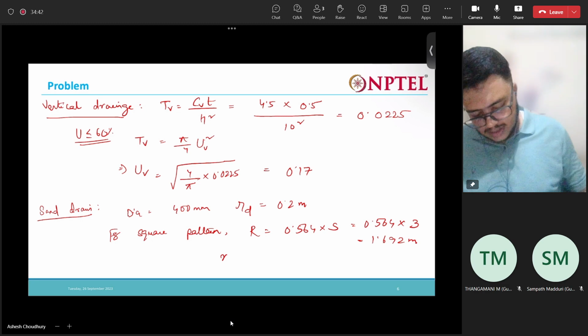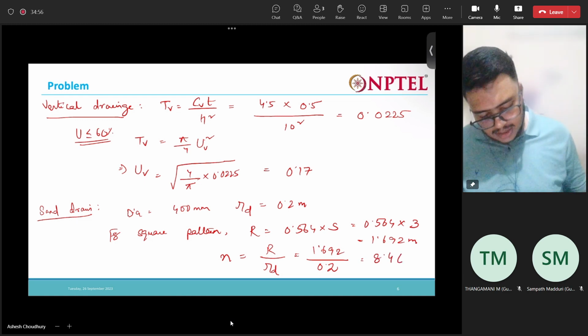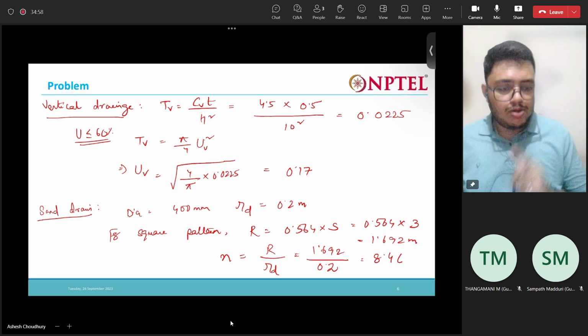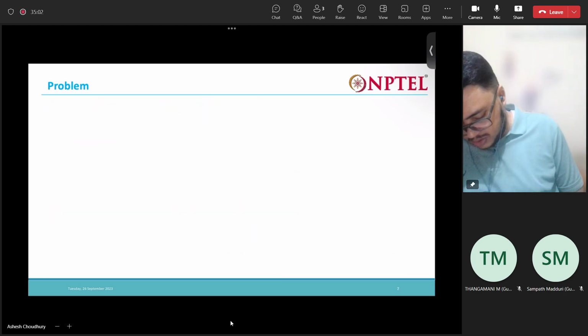Therefore, N is equal to R by RW. So what is R? 1.692 by 0.2. So we got small n. Now we want to find TR. How to get TR?